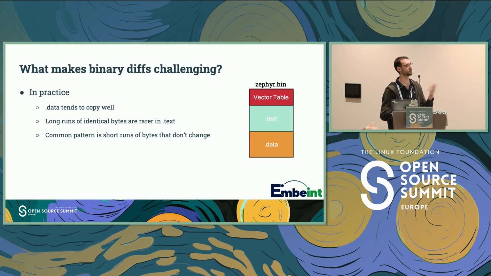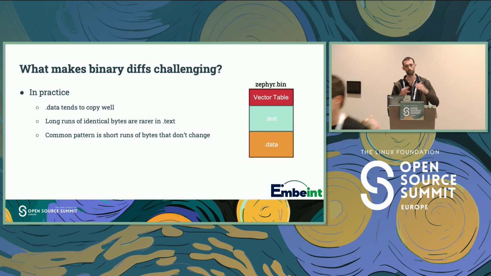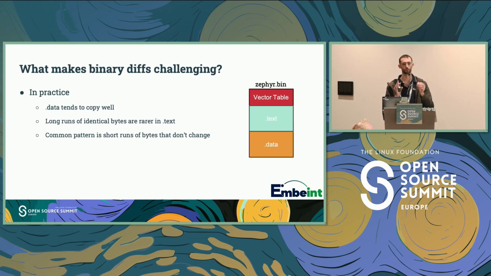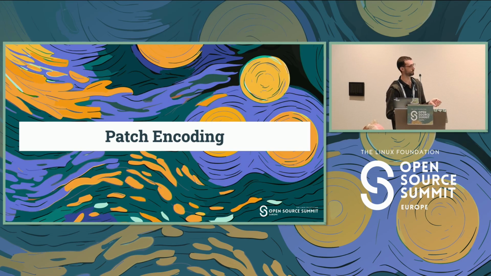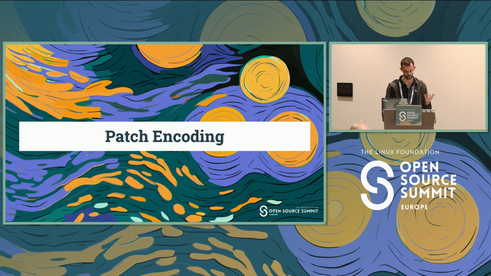So what you're normally going to see is sections where the bytes all stay the same, then 1, 2 bytes changing, then another short section where it's the same, a few bytes changing, etc. And spoiler alert for later, this is what we're taking advantage of with CPatch.